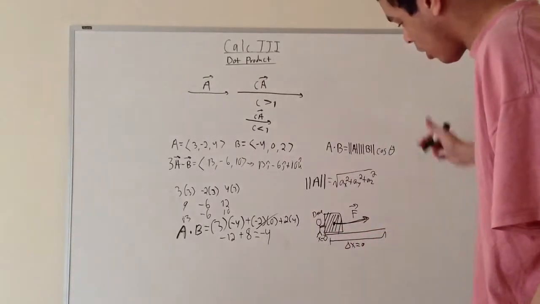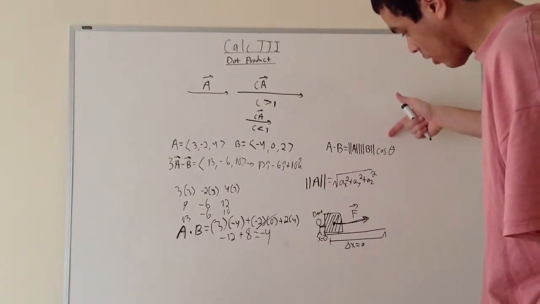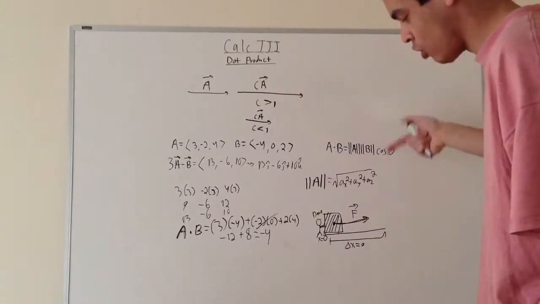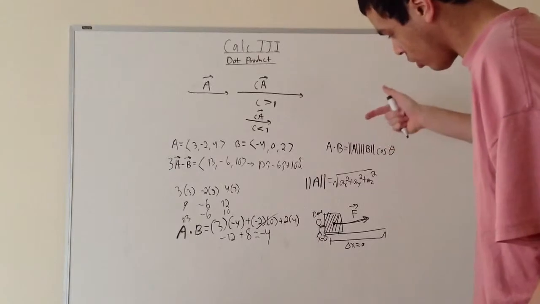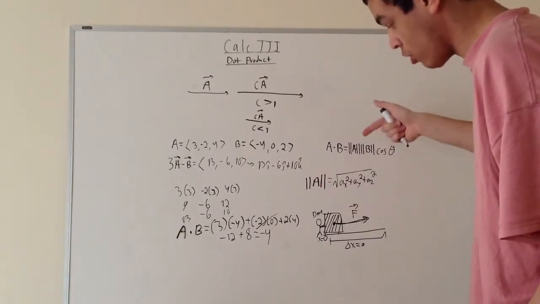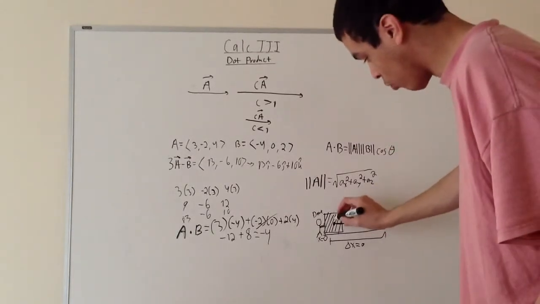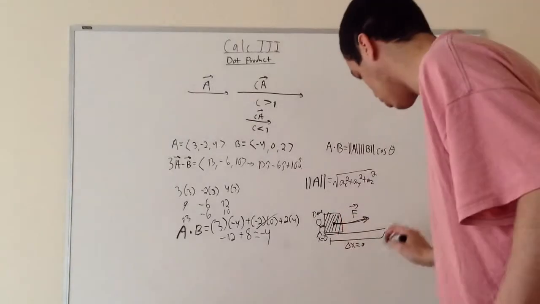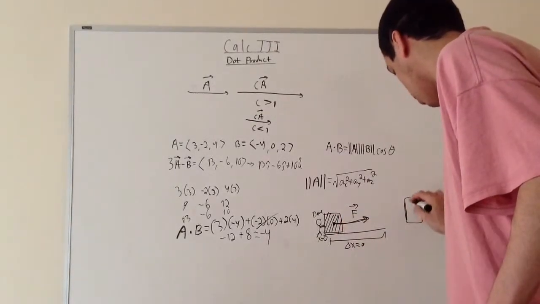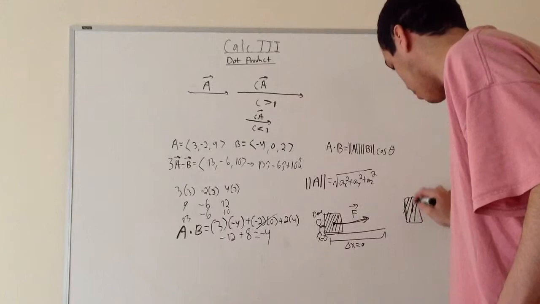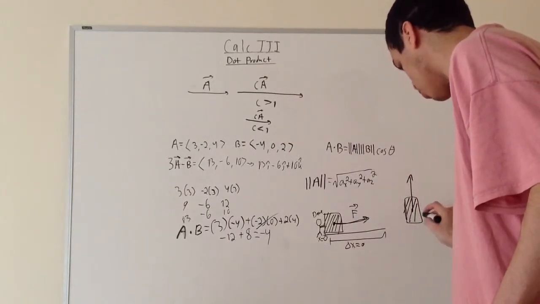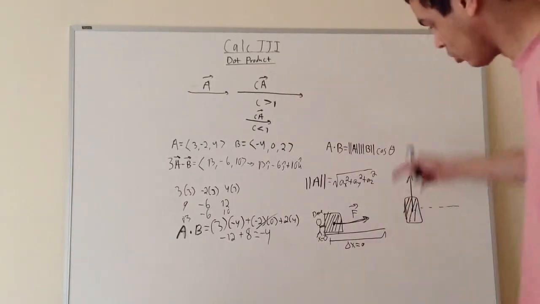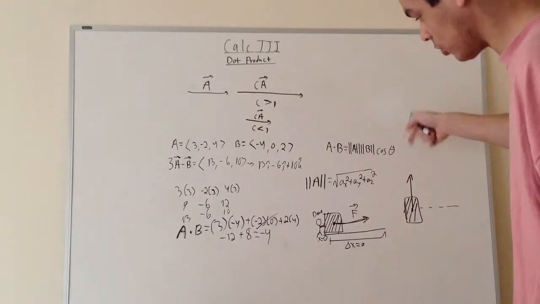Now here, the cosine of 0 is 1, and that's important to know, because if the force was going up, like in another situation over here, and you were pushing up, no work is done in this direction, because the cosine of 90 degrees is 0.